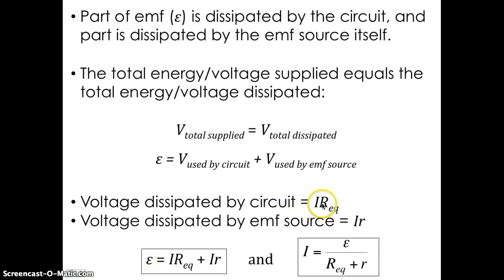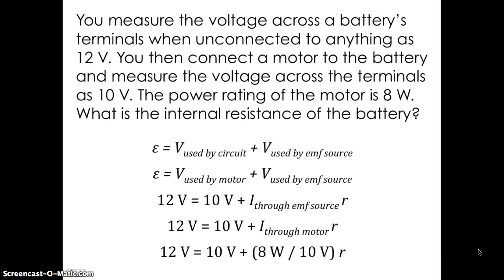So if you plug this in right over here, I R_eq, and in place of V used by the EMF source, plug in I little r, you get this equation right here. And that is an important equation, so we box it. And if you solve for the current, it's a simple exercise to isolate current, and that gives this equation over here. So we use those in solving problems.